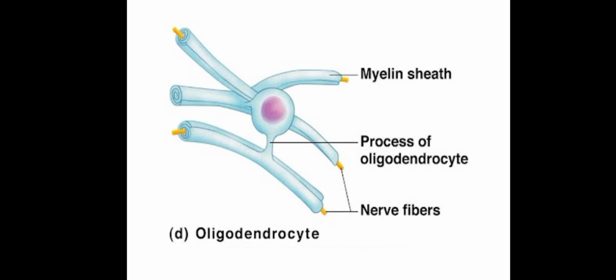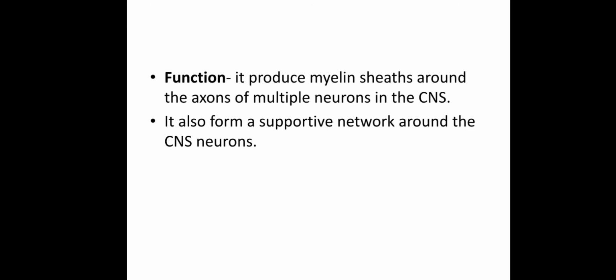Function of oligodendrocytes: they produce the myelin sheath around the axons of multiple neurons in the central nervous system. They also form a supportive network around the central nervous system.